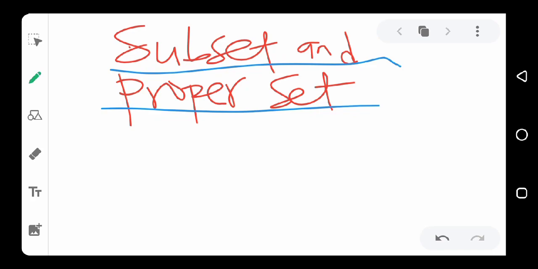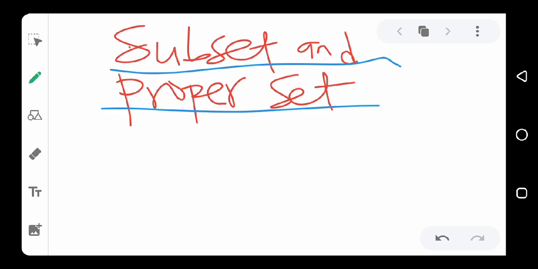When we have some elements in the parent set, the parent set being the superset, that are not in the subset, it is a proper set. If the elements in the subset are equal to the elements in the superset, we say that the sets are equal.